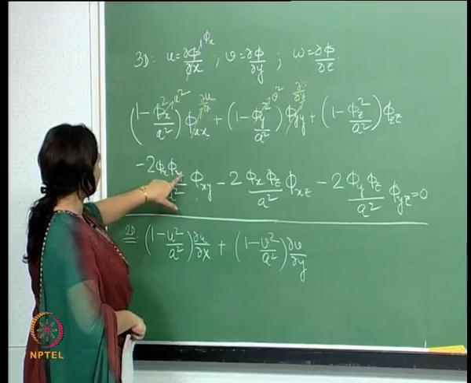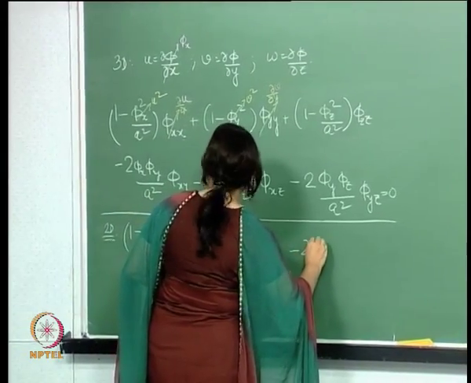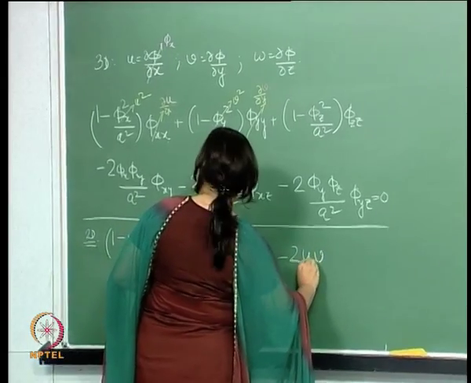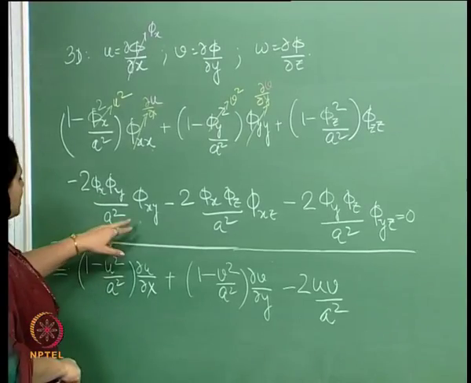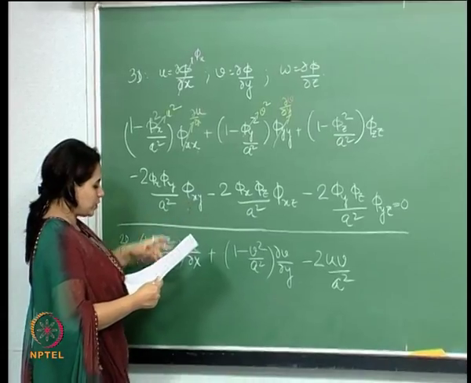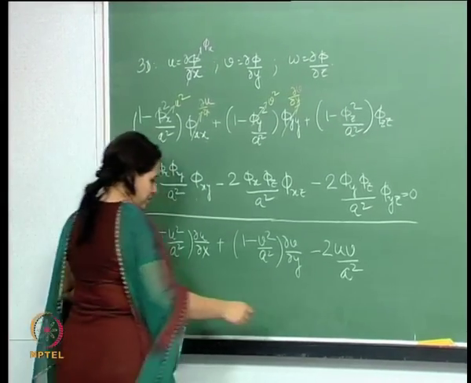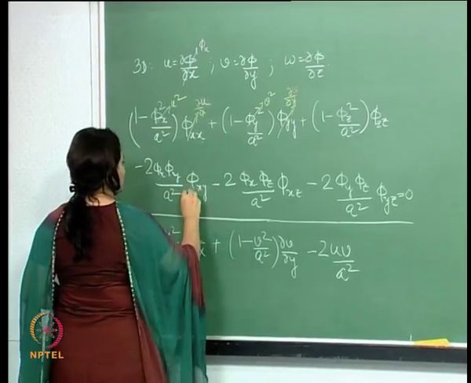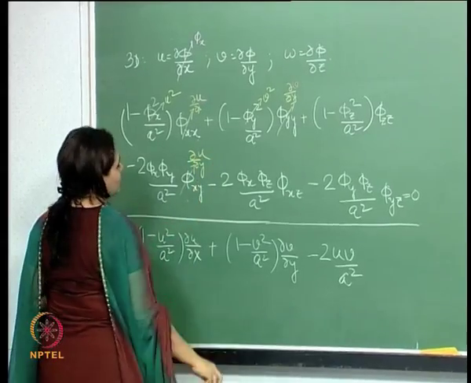Phi x and phi y are u and v respectively, so it is minus 2 uv by a square. And this is del y of phi x, which is u.